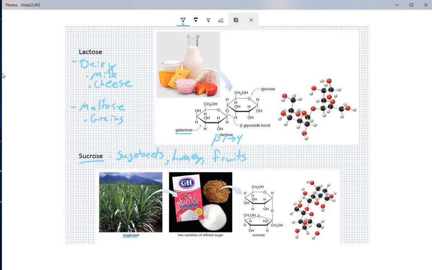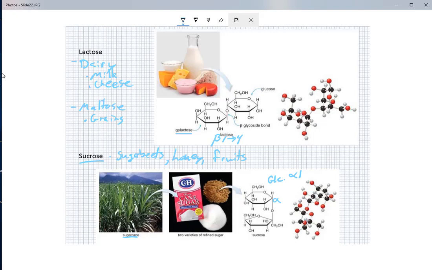And here we have glucose, linked alpha, since alpha's down, to carbon 2 of fructose in sucrose. Carbon 1 is here, 2, 3, 4, 5, 6.